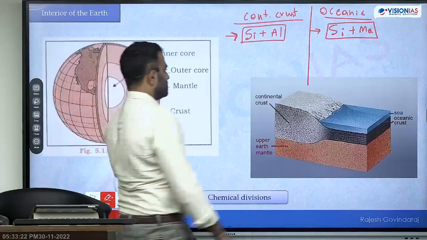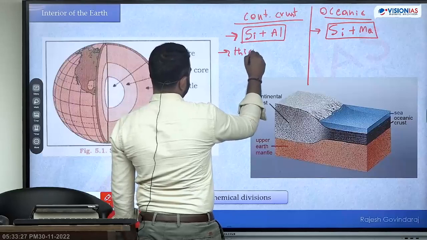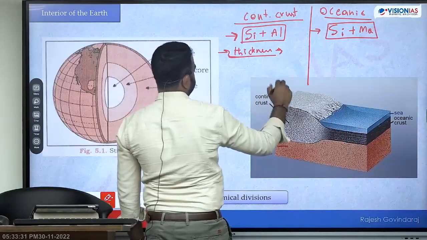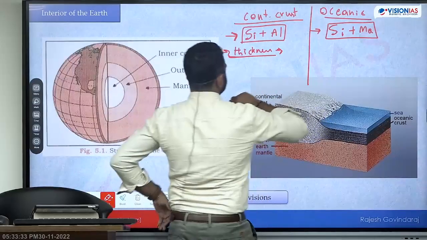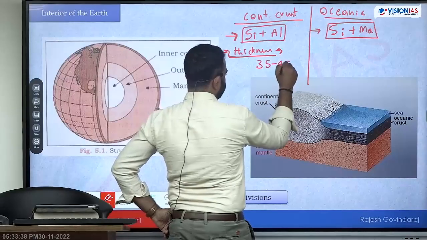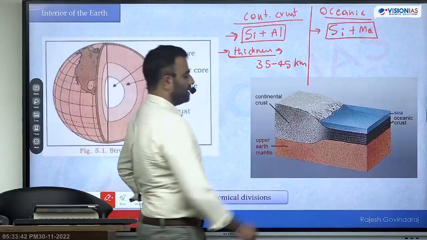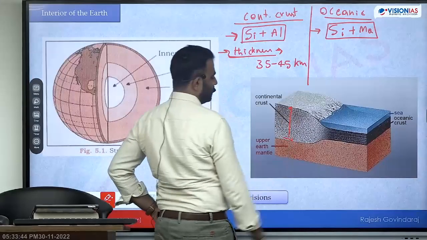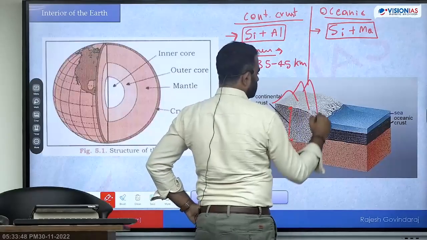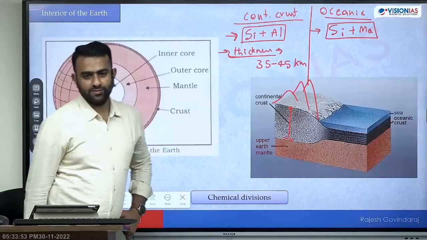So other than this, thickness. The thickness of continental crust varies between 35 to 45 kilometers on an average. And if it is any mountainous area, it goes up to 80 to 90 kilometers.